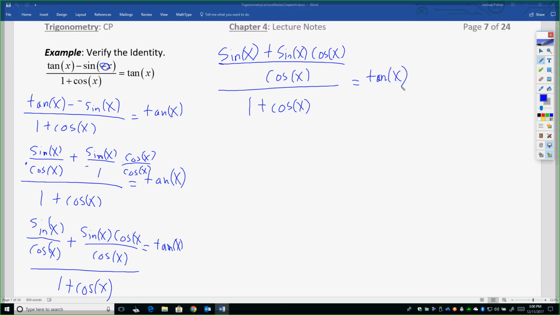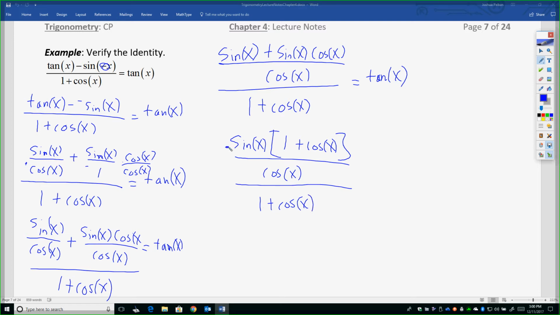Okay, so we're getting there. What we should notice is they have a sine in common. We can divide it out on the top. If I take out a sine, I'm left with 1 plus cosine over cosine, all over 1 plus cosine.